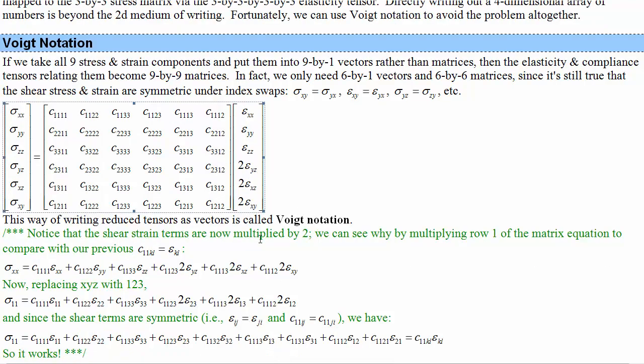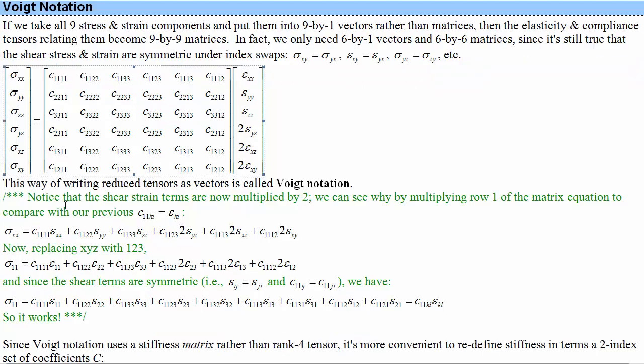Right. Now, why did the 2's show up? If you multiply this through, so sigma xx, multiplying through, you have the 2's showing up there, because the yz, xz, and xy engineering shear strains are equal to 2 times those, you can re-express as just epsilon 23 plus epsilon 32, since the transverse shear terms are equal.